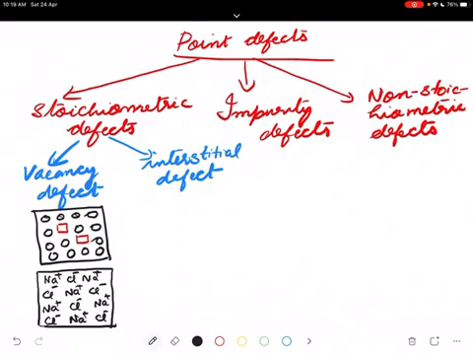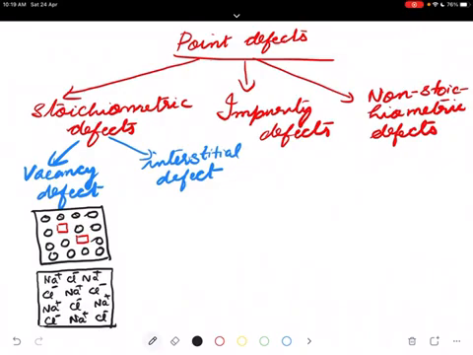In the case of ionic crystal, the electrical neutrality is to be maintained, means total number of positive charges should be equal to total number of negative charges. Now here, again, some cations and anions are lost.